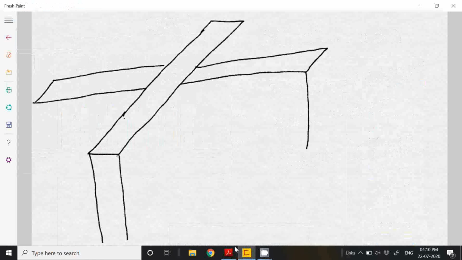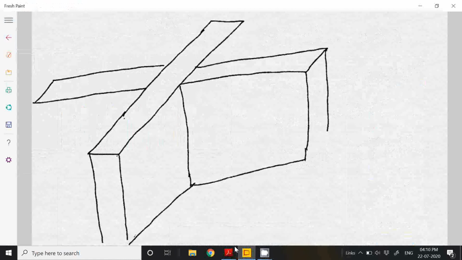The plate is going in this manner. These are the stiffeners.